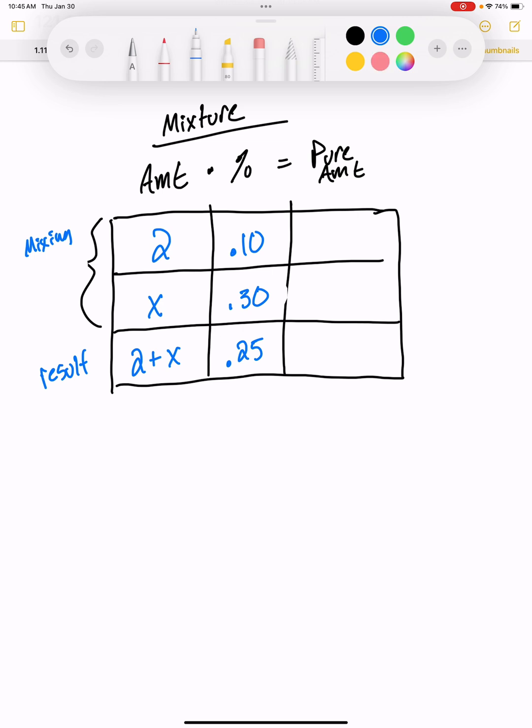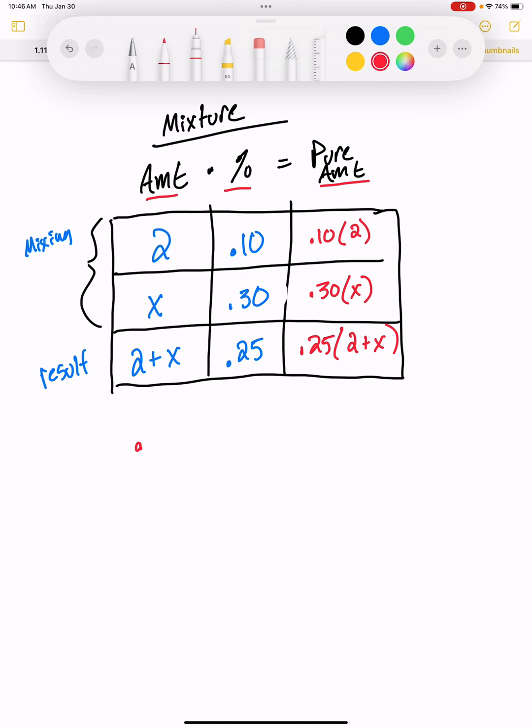Now we can get our pure amounts. We're just multiplying amount times percentage equals pure amount. So that's 0.10 times 2. This is 0.30 times X. This is 0.25 times 2 plus X. When I'm mixing 2 chemicals together and getting a resultant chemical, I know I'm taking the 2 chemicals I'm mixing and adding them together.